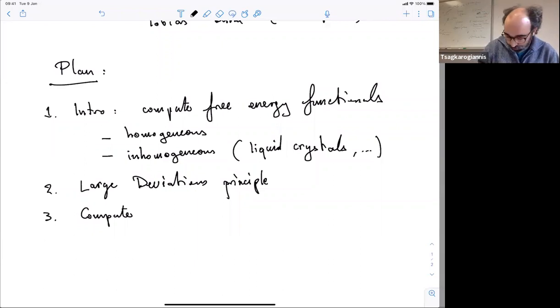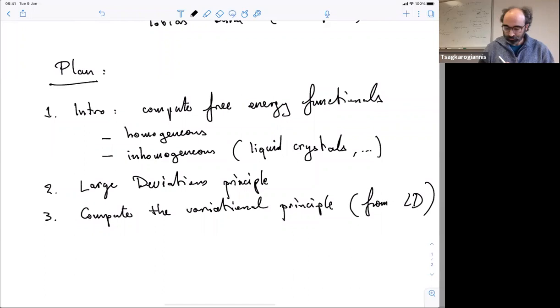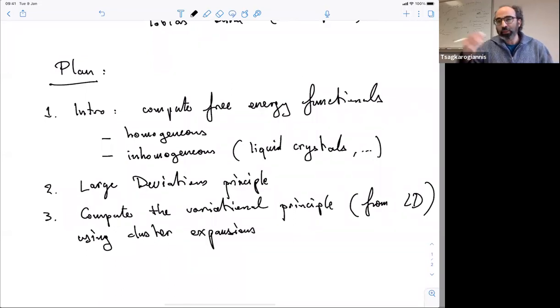So compute the variational principle from large deviations using cluster expansions. And I will comment on the validity of this and the limitations and all.